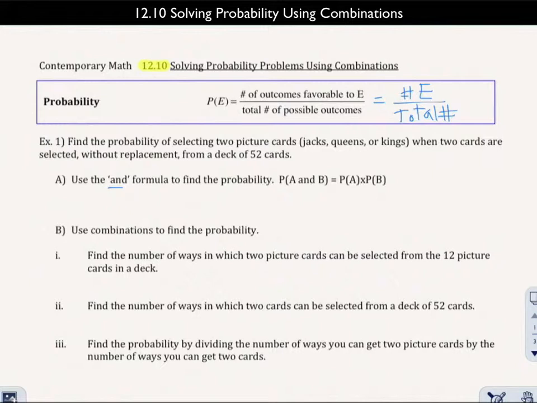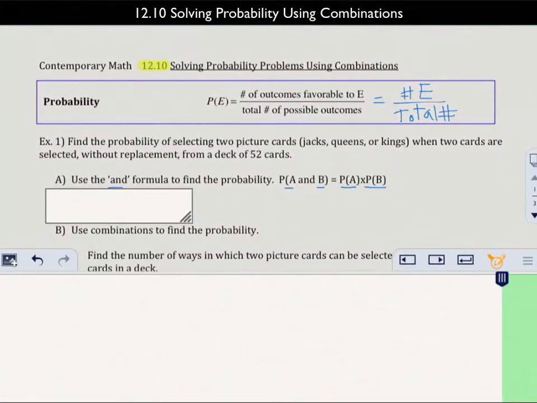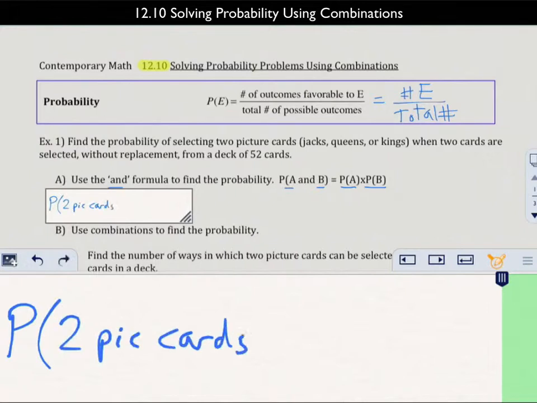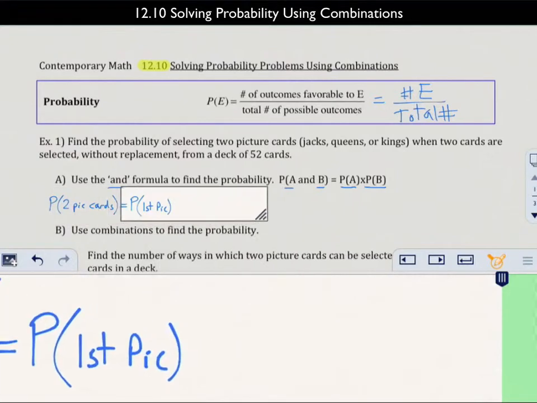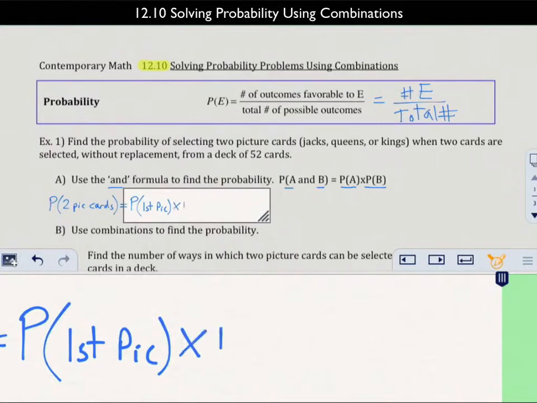Remember, the probability of event A and event B is the probability of A times the probability of B. So what we're trying to do is find the probability of getting two picture cards. And so what we're going to do is find the probability that the first one is a picture card times the probability that the second one is a picture card.